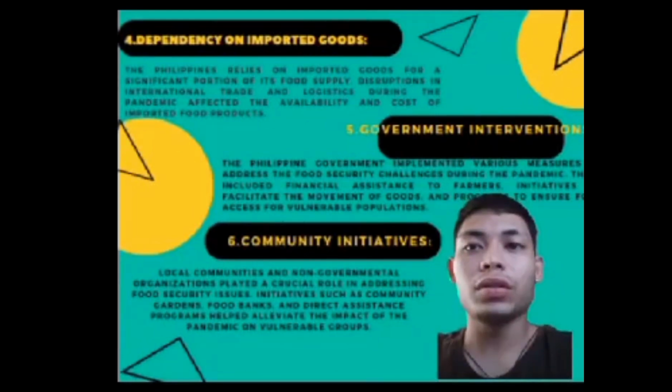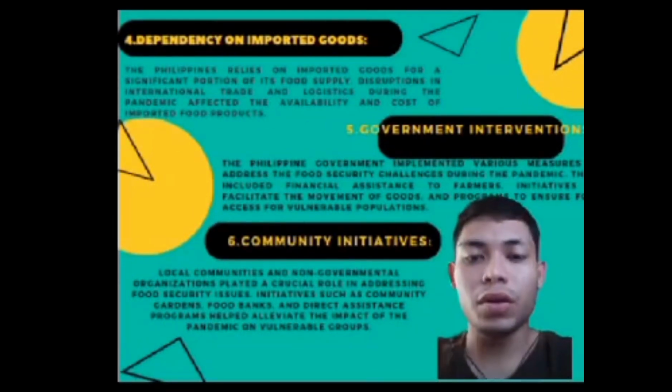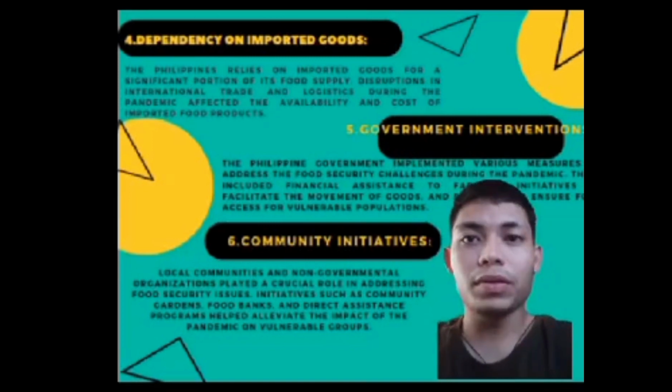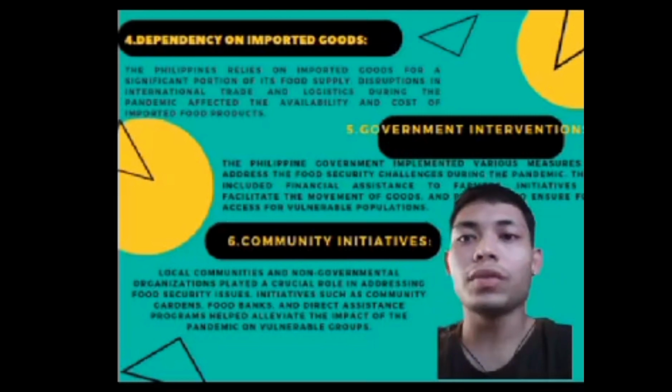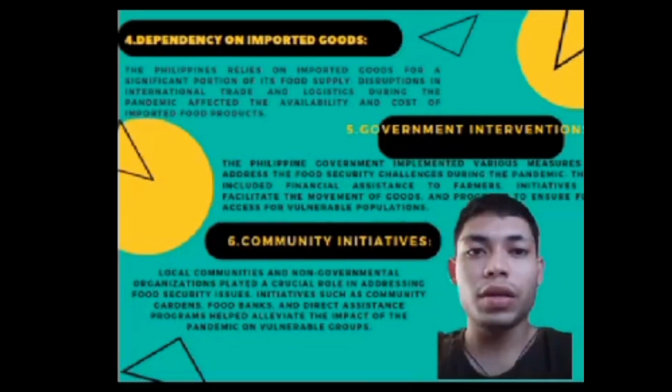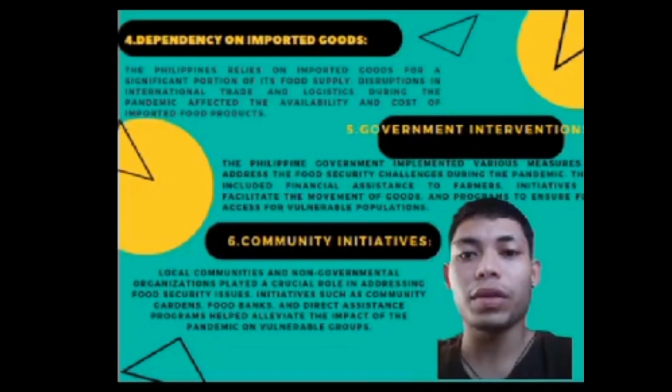So the fourth one is dependency on imported goods. The Philippines relies on imported goods for a significant portion of its food supply. Disruption in international trade and logistics during the pandemic affected the availability and cost of imported food products.